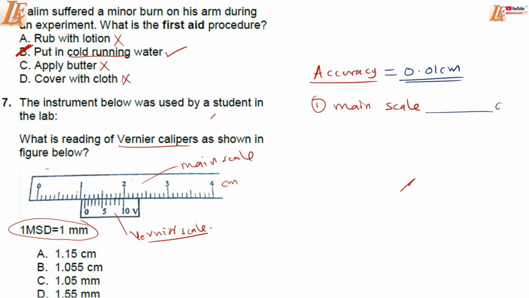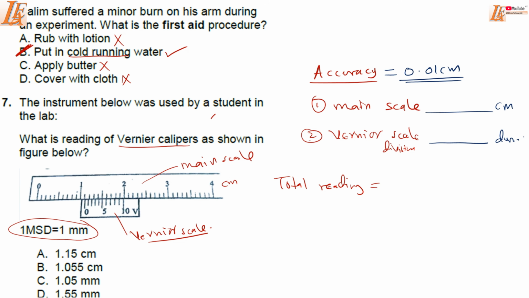Then the second scale that we are going to read is the vernier scale. We are not going to read it in terms of distance. We want to read the divisions, and in this case we will indicate the number of divisions here. Then for us to get the total reading, total reading.